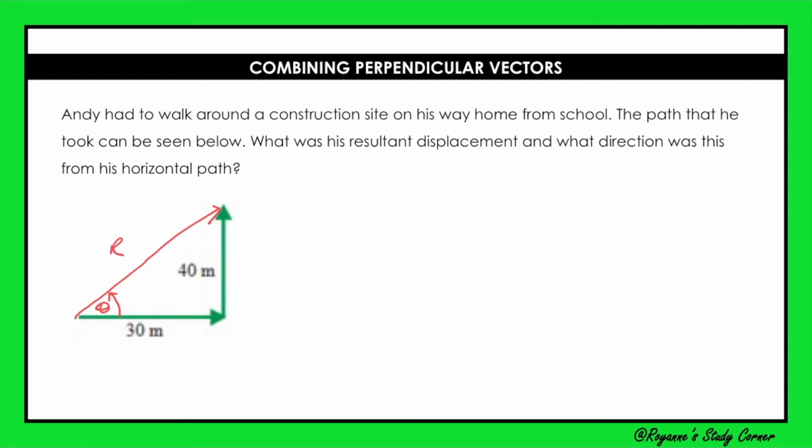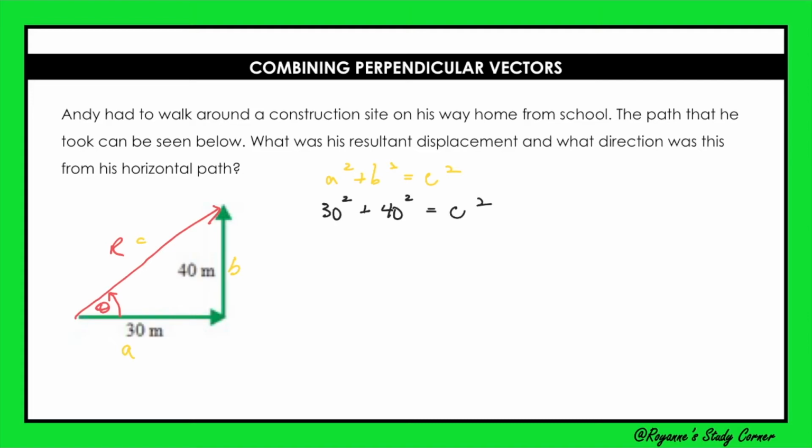If we look at it, we can call this A, B, and C. And we could use Pythagoras' theorem that says A squared plus B squared is equal to C squared. Now A squared here would be 30 squared. B squared is 40 squared, and that would be equal to C squared.